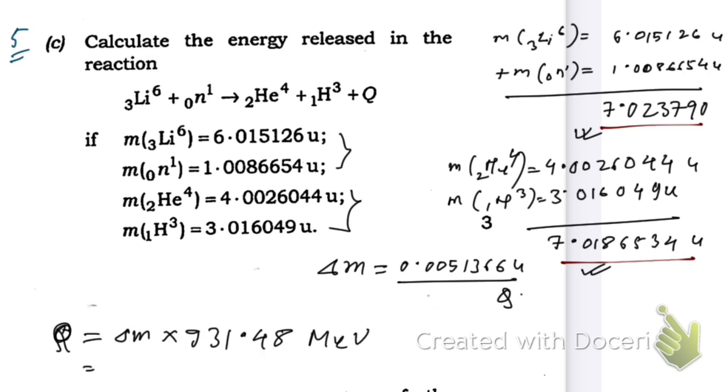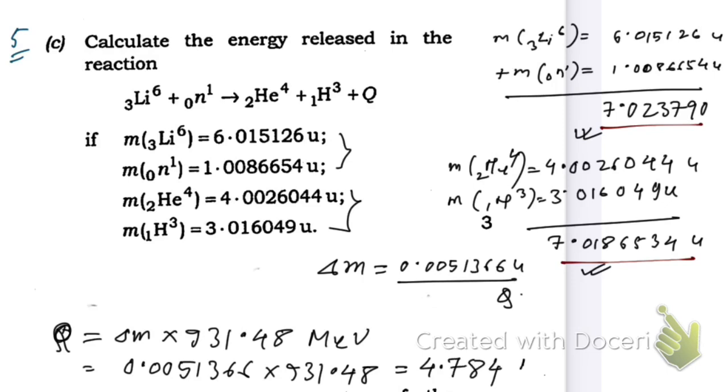If you multiply 0.005136 into 931.48, you're going to get the answer. This is approximately equal to 4.784 MeV. So this is the answer.